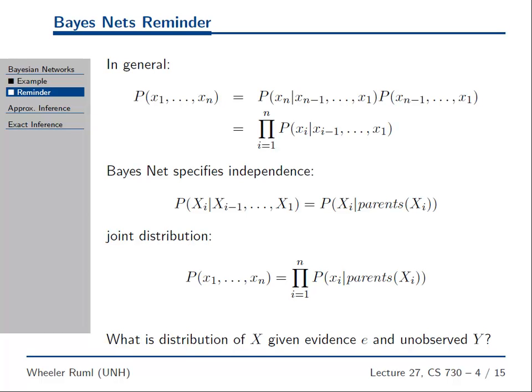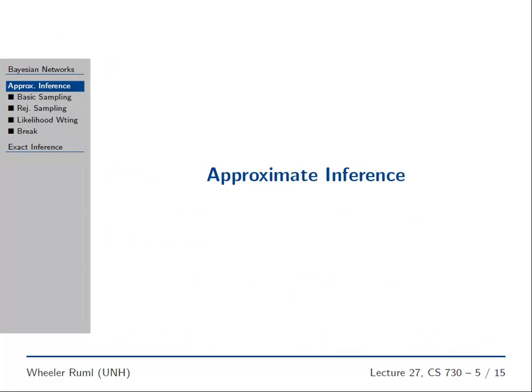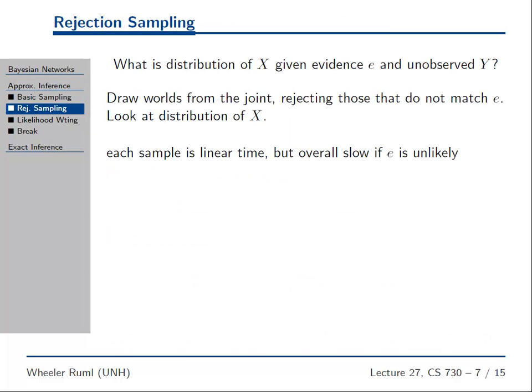How could we figure that out? Generate a bunch of worlds and then look at the ones that have the evidence. Yes. And then count up whether the burglary is true or false. Exactly. So that's called rejection sampling. You just sample and you reject the ones that don't match your evidence and look at the others.